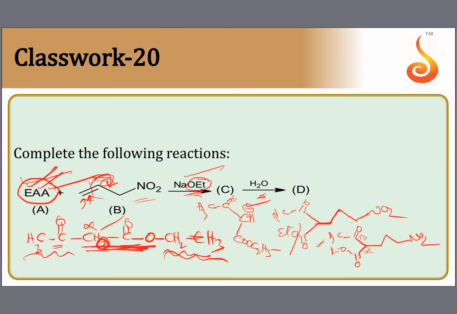So beta keto acid undergoes decarboxylation very easily. Of course, heating symbol should be there, no? Then keto group remains present. Yes, CH2, CH2. This is the final product. That is D.